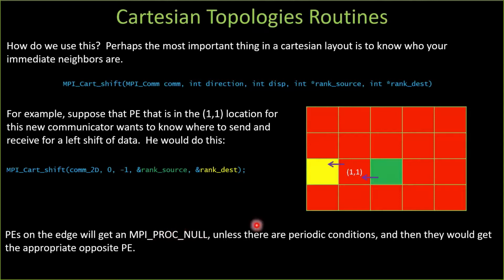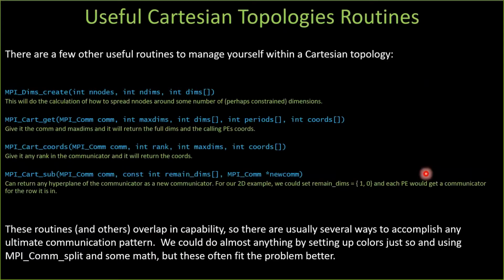It won't crash or anything. So it'll set up proc nulls for the neighbors to the left, right, top, and bottom for the PEs that don't really have neighbors. If there were repeating boundary conditions, it would know that instead of proc null, it should wrap around and send a message going to the left here over to here. So the communicator does this bookkeeping for us, and that can be a very nice thing in our code.